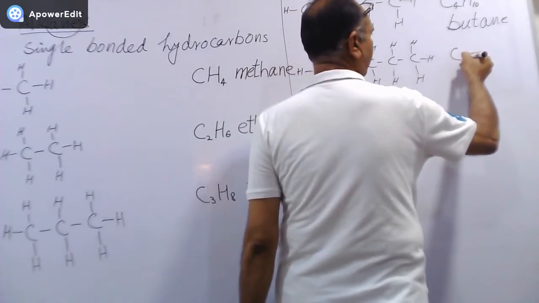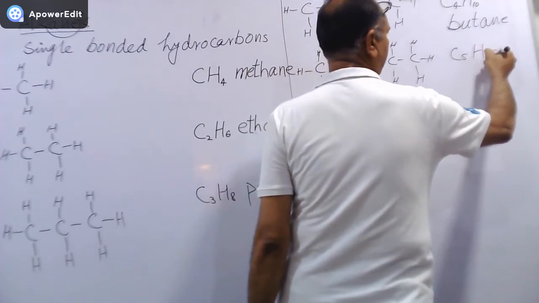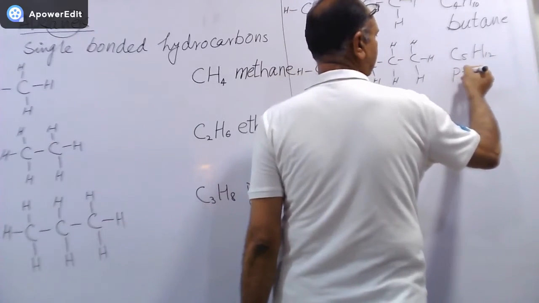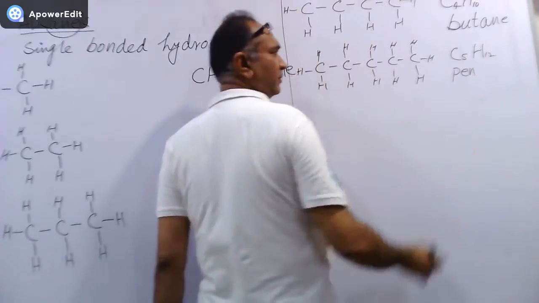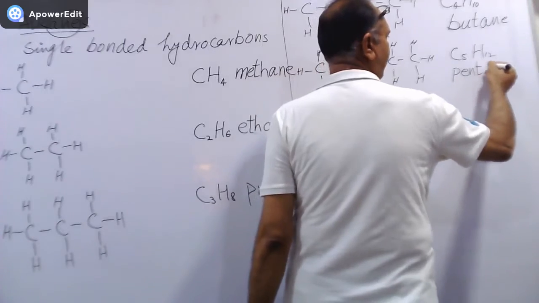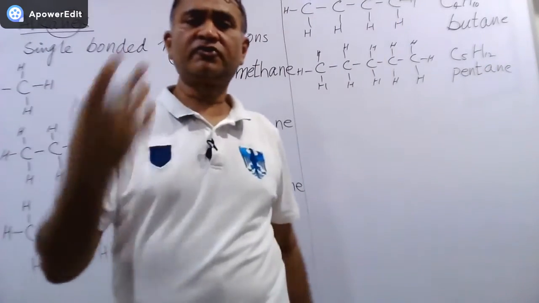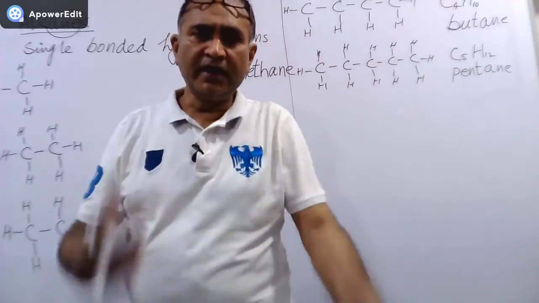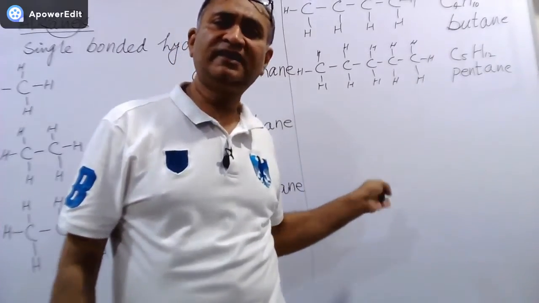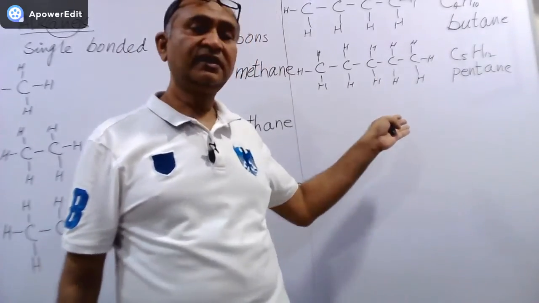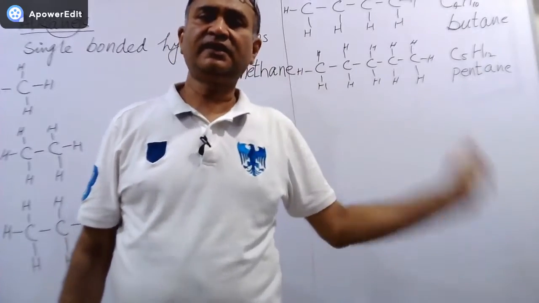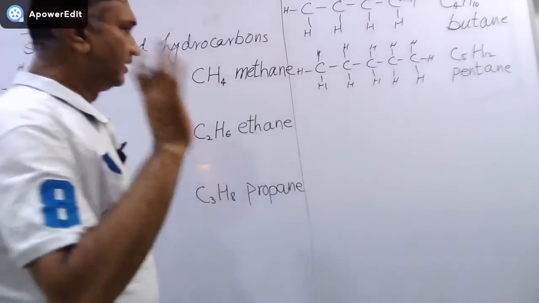So its formula is C5H12, pent, and pentane. Similarly, you will draw the remaining hydrocarbons until C10: C6, C7, C8, C9, and then C10.